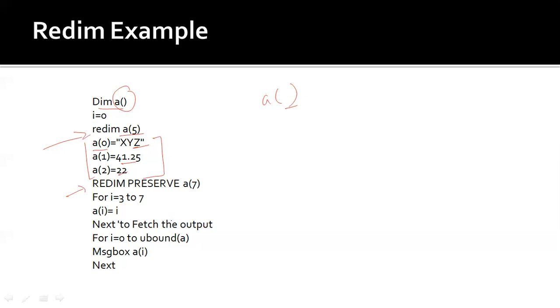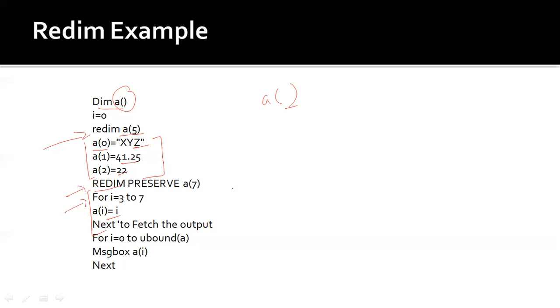and after that we can continue, we can store other values also with the help of a For loop. For I is equal to 3 to 7, a(i) is equal to I. It means we can store other values in this array with the help of the ReDim statement. This is the syntax of the For loop, as we have not studied it yet.